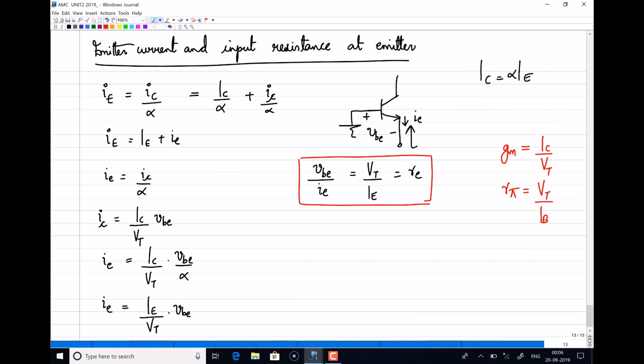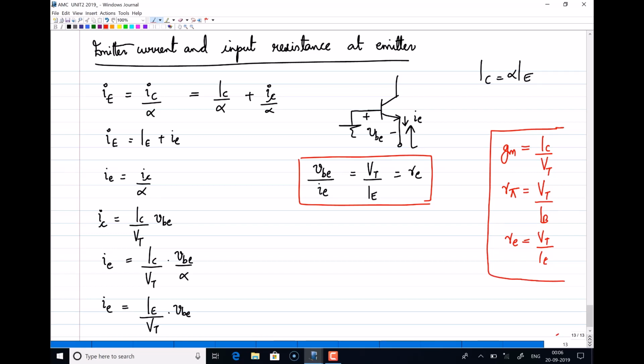And third is RE, the resistance looking into the emitter, which is VT by IE. R pi is the resistance looking into the base. These relations are very important.